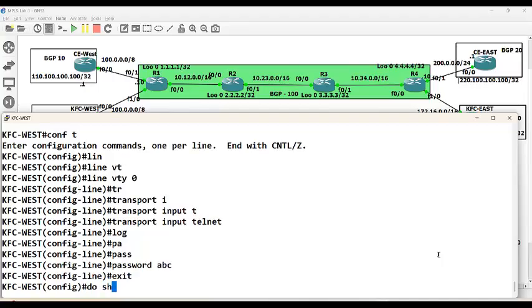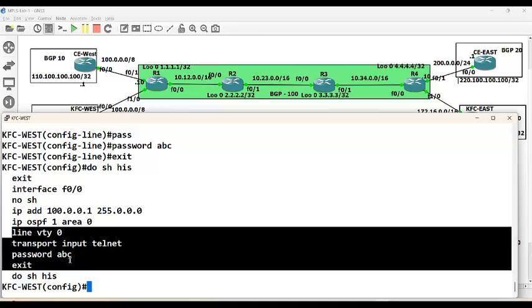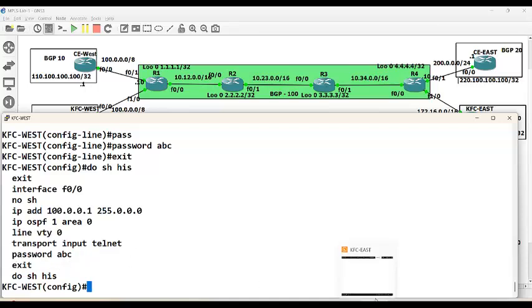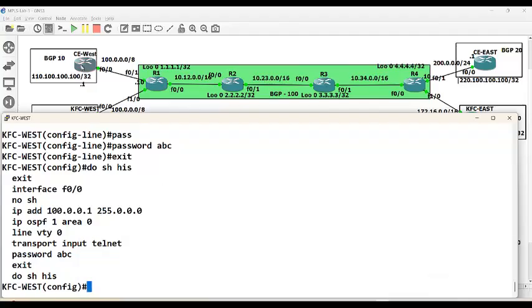Do show history. I'll put the same on Burger King here.